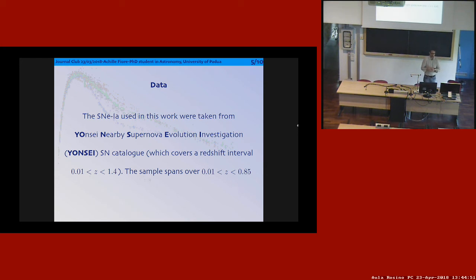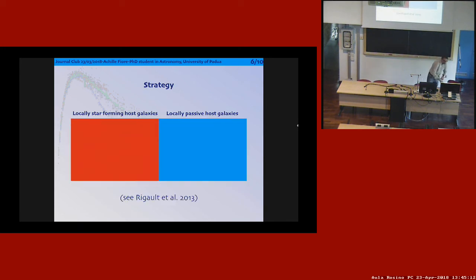The data that the authors used are taken from the Union supernova catalog that extends up to a redshift of 1.4, even though the sample used reaches redshift 0.85, one order of magnitude more than what was already used in the past.